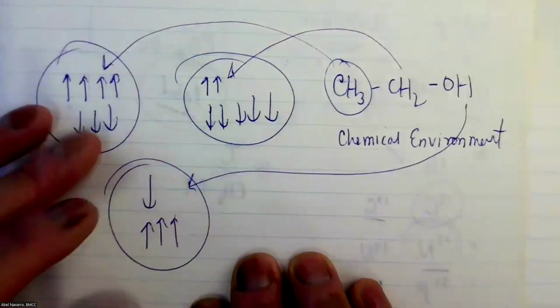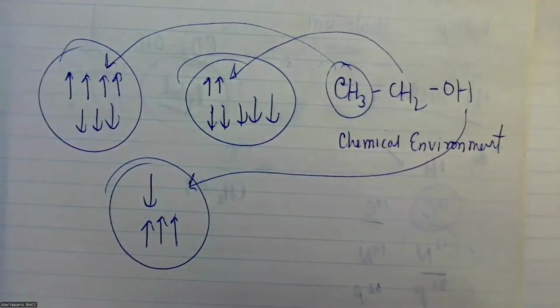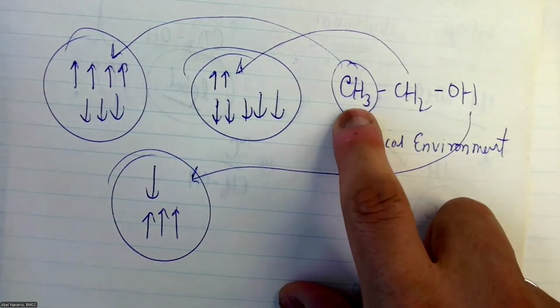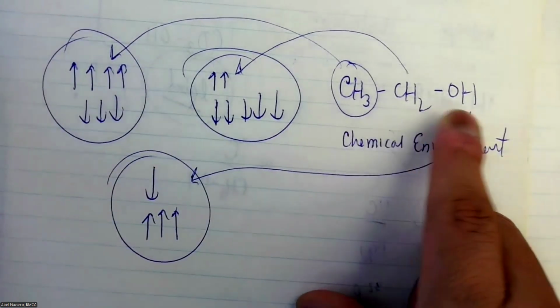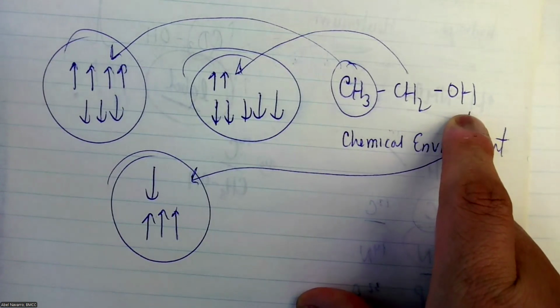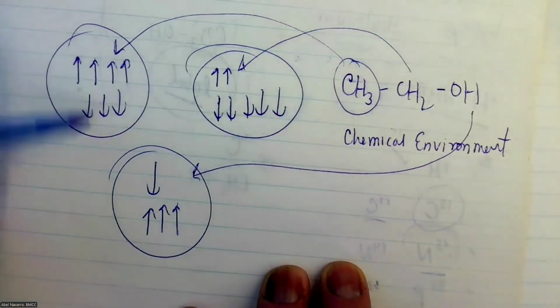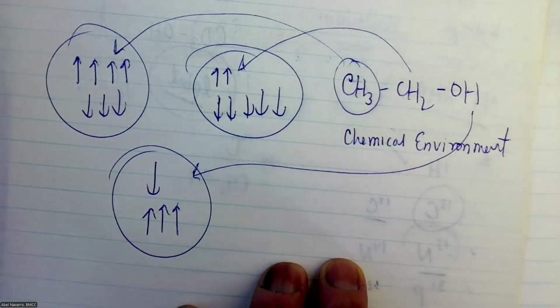That's what is so important, because it allows me to differentiate between a CH3, a CH2, and an OH. We'll have some other parameters, but that's what makes the big difference. I don't want all my hydrogens to be identical, because then I won't be able to distinguish them.